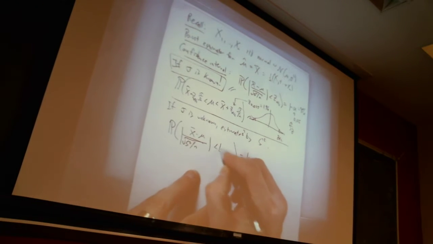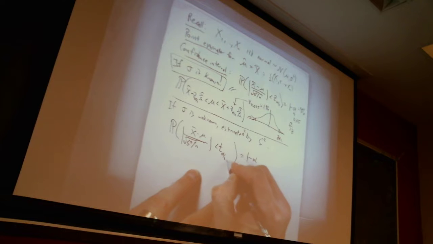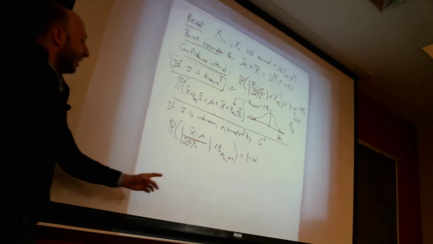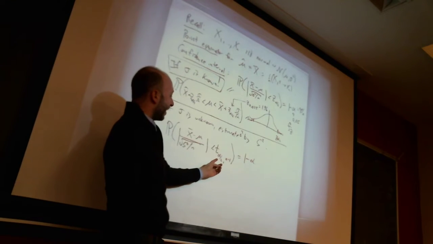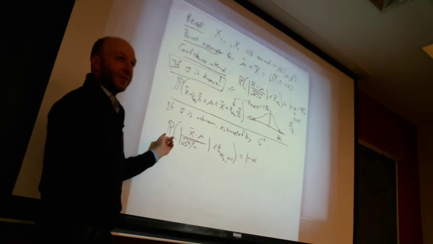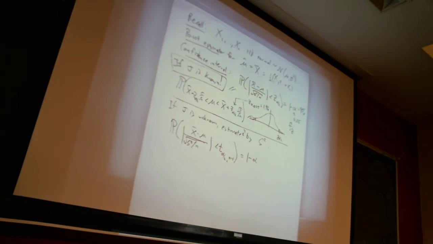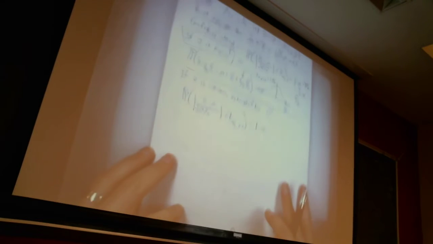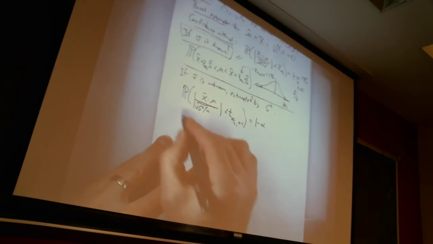So if I just figure out how much a t-distribution with n minus 1 degrees of freedom contributes to a tail of size alpha over 2, that gives me a t confidence interval. And what we saw last time, if you unwrap this, you get a very similar picture.